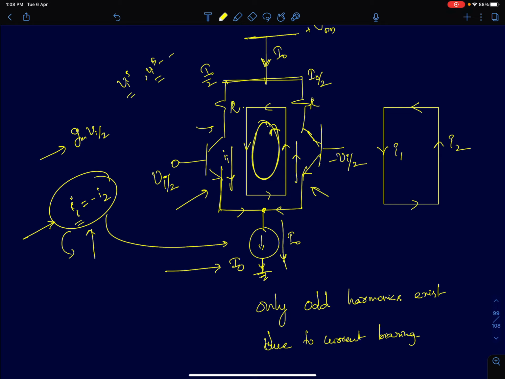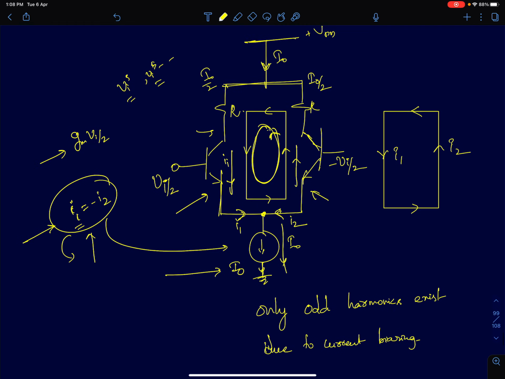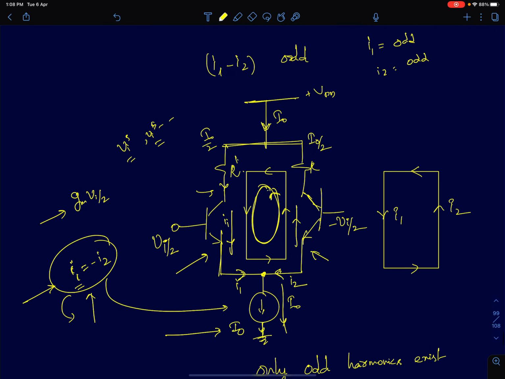Similarly, from simple Kirchhoff's current law, I can say that this current here is small I1, this current is small I2, so the current being drawn from the supply will be equal to I1 plus I2, which will always be constant and equal to I naught itself. Which means it does not contain any signal component.